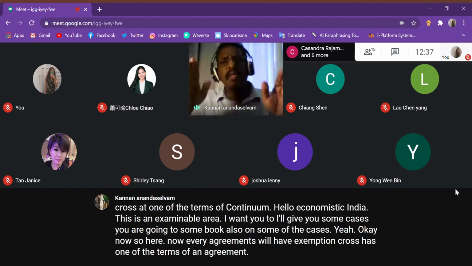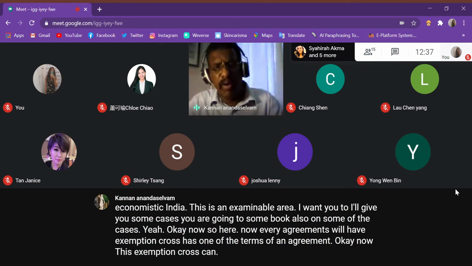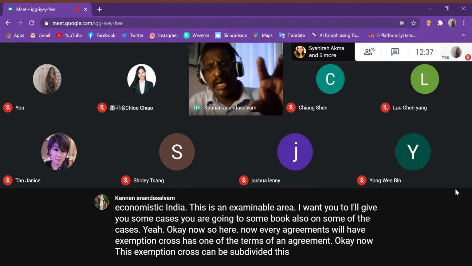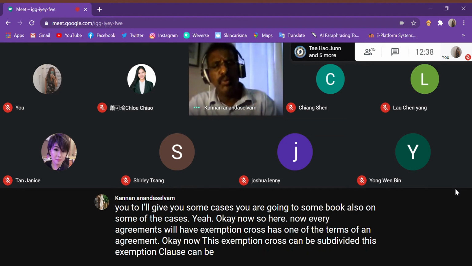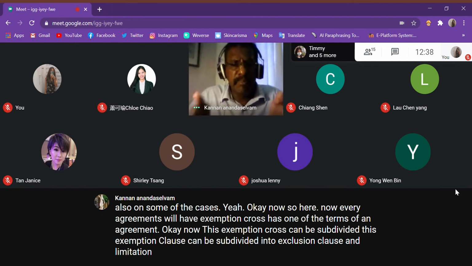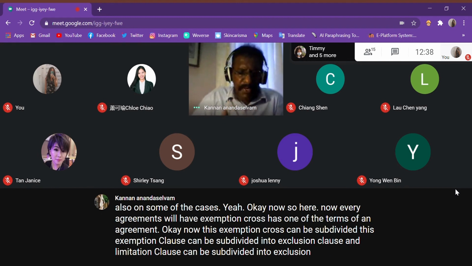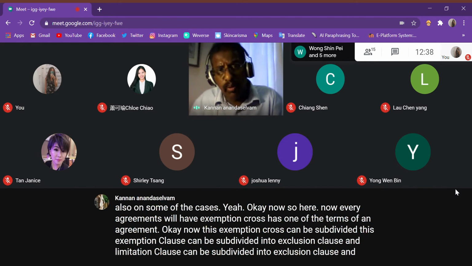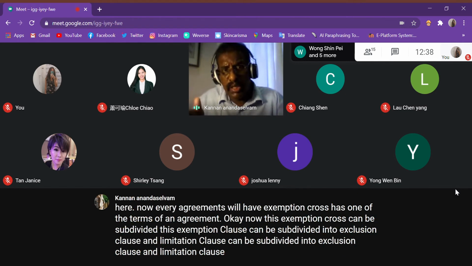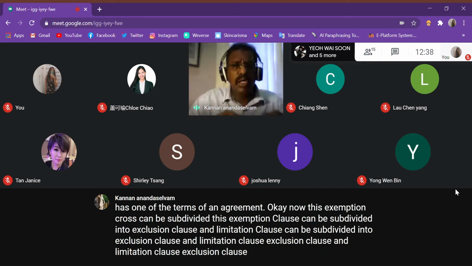Now, this exemption clause can be subdivided into exclusion clause and limitation clause. Exclusion clause is total exclusion of liability.